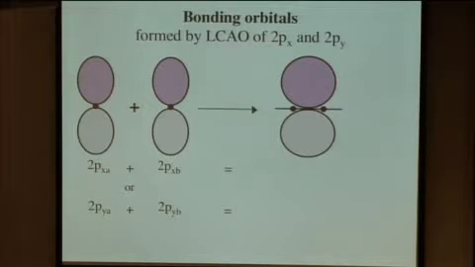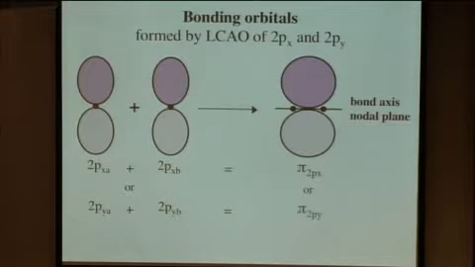So we saw constructive interference. So again, we can name these molecular orbitals, and to point out, there is now a bond axis along this nodal plane, which is something we didn't see before when we were combining the s orbitals. So when we go ahead and name these, we're going to call these pi orbitals.